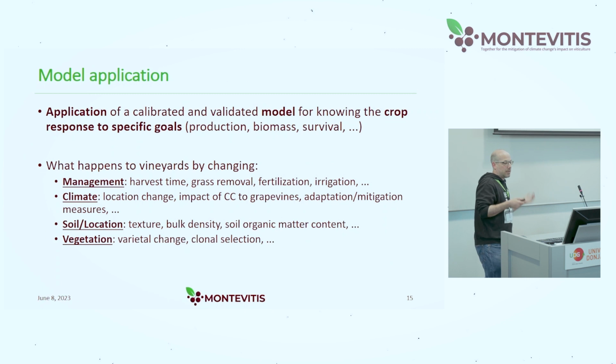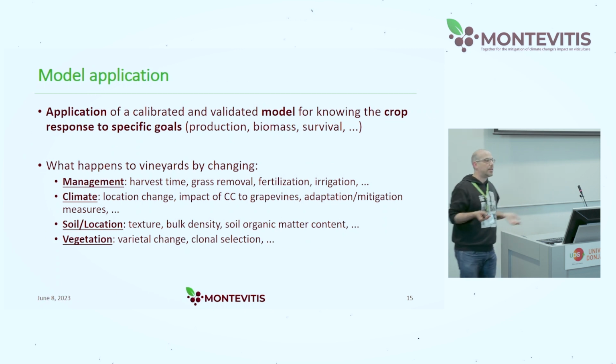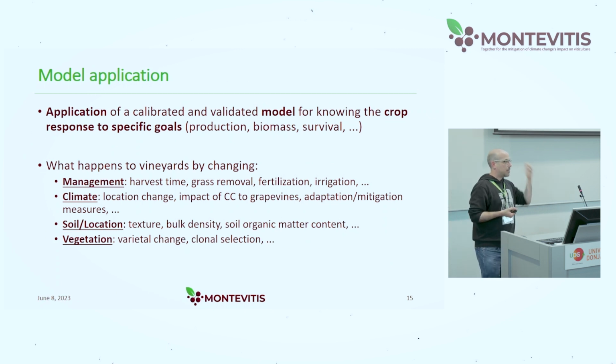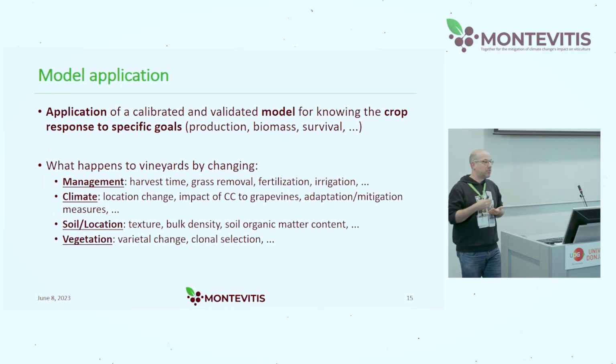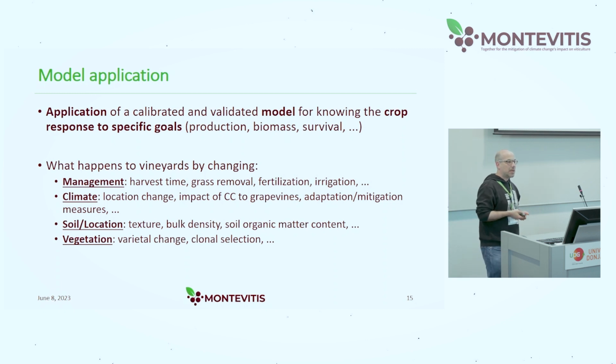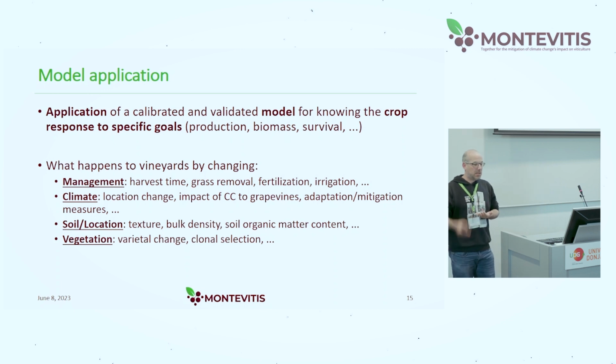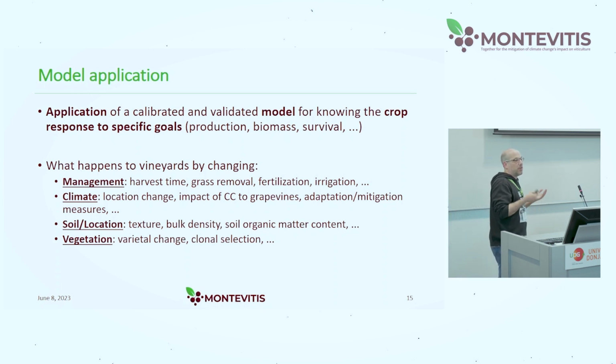And then when the model is calibrated and validated, we can apply it. As Christina and Daniel said, we should consider the goal of the application, and then we can estimate how the plant can respond to some changes. For example, changes in management, changing the harvest time, or if we manage the grass, or if we fertilize, and so on.